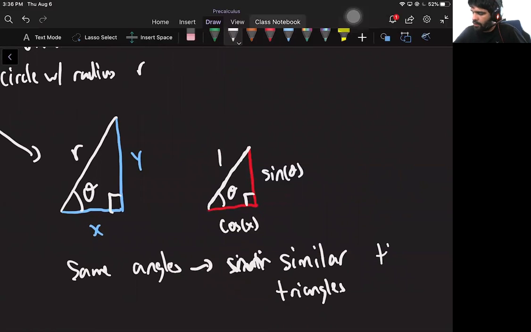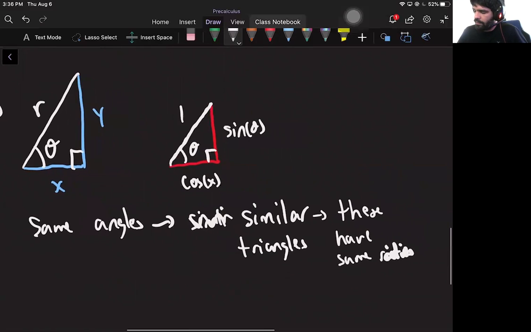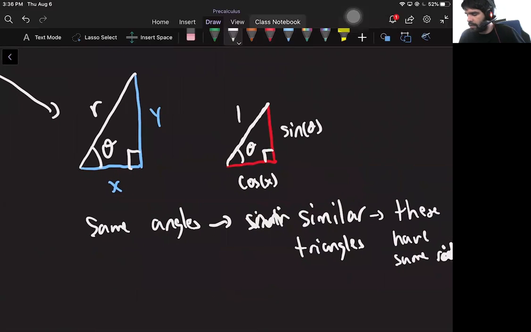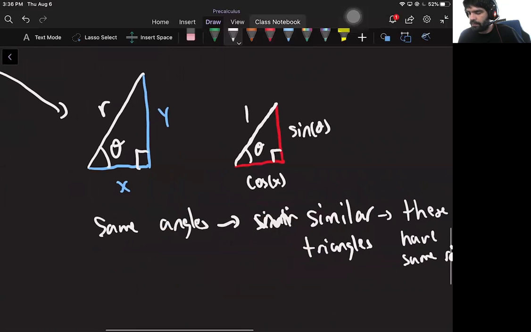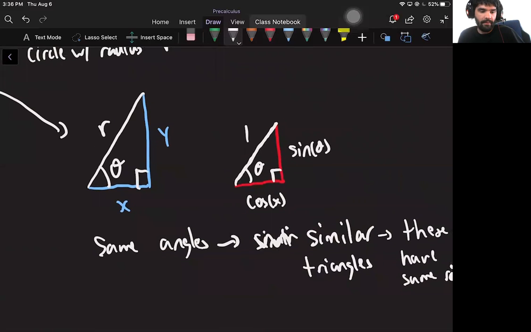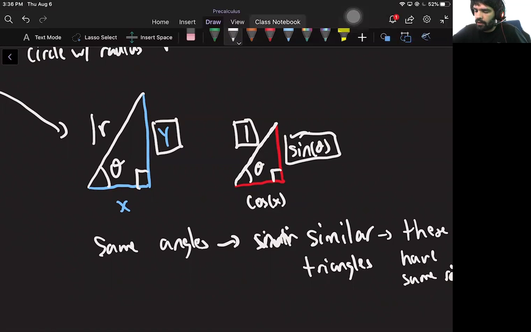They grow the same. They're proportional to each other. So if I look at corresponding sides divided by each other, they're equivalent. So for example, I can say that sine divided by 1, that ratio is the same as y divided by r.